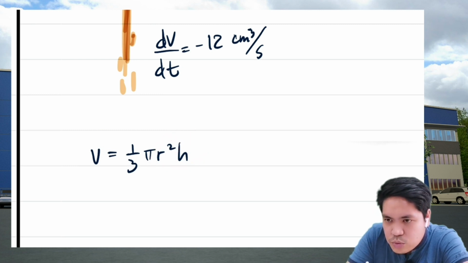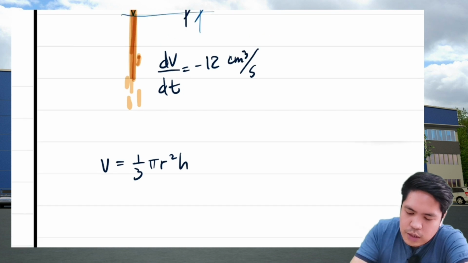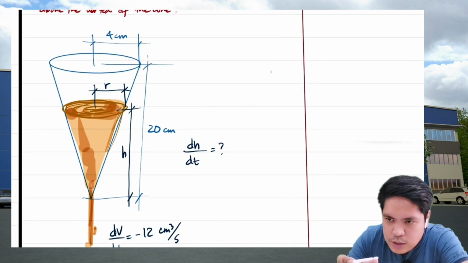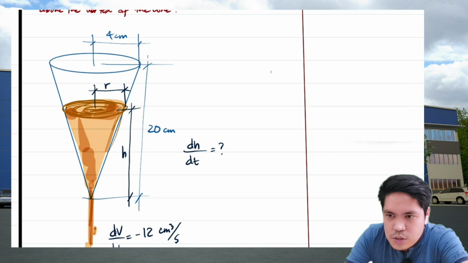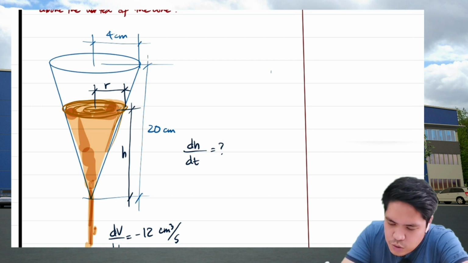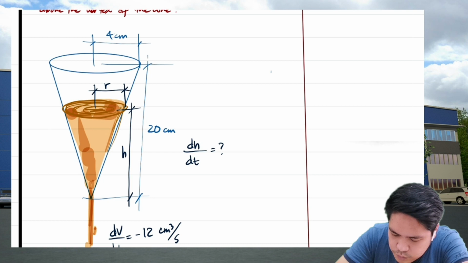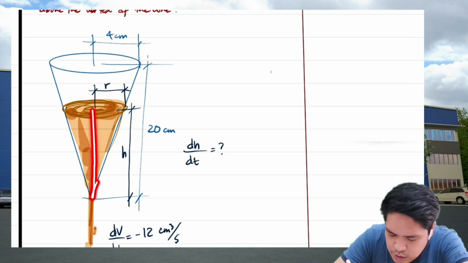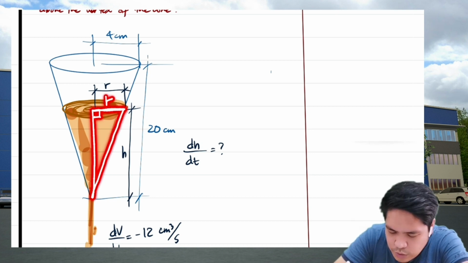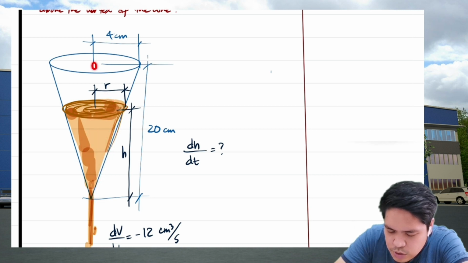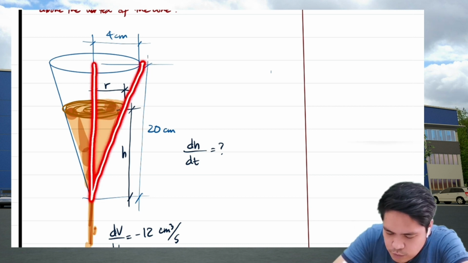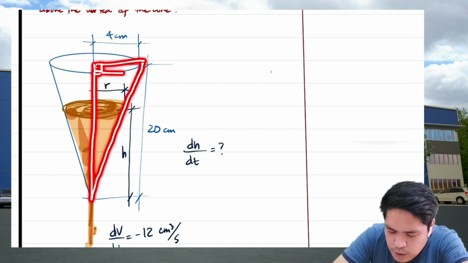So we need to express one variable in terms of the other. We'll look at our figure to connect the two variables through the constants. If you look at the figure in side view, this part is a right triangle, right, with radius and altitude, which is similar to this part of the cone, which is also a right triangle with this 20 centimeters and this 4 centimeters.